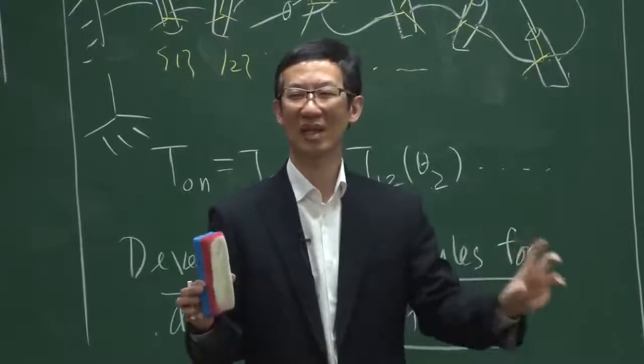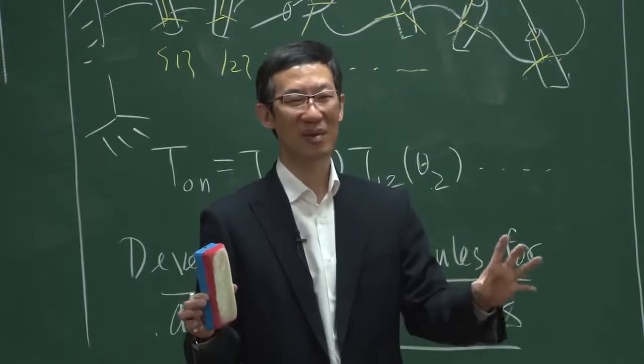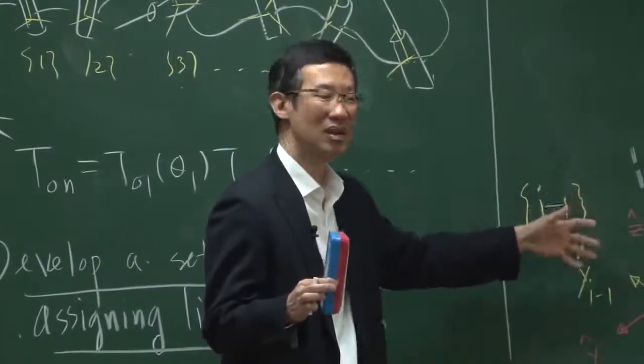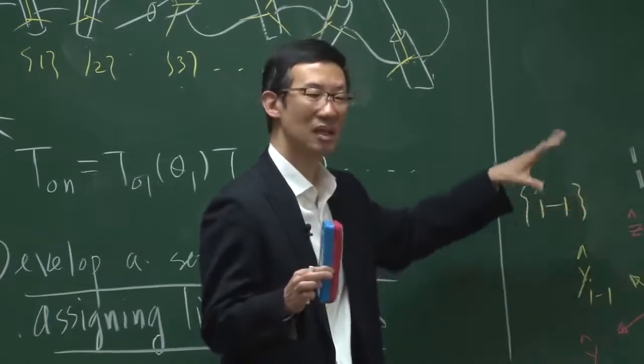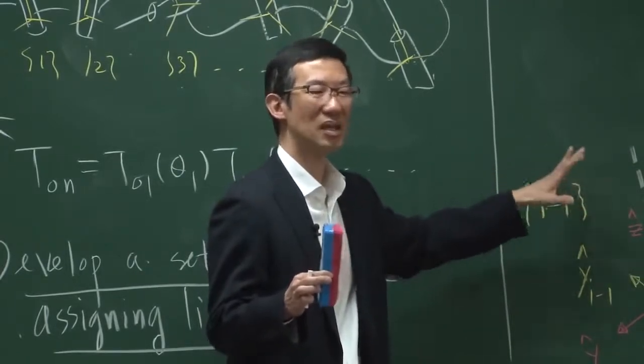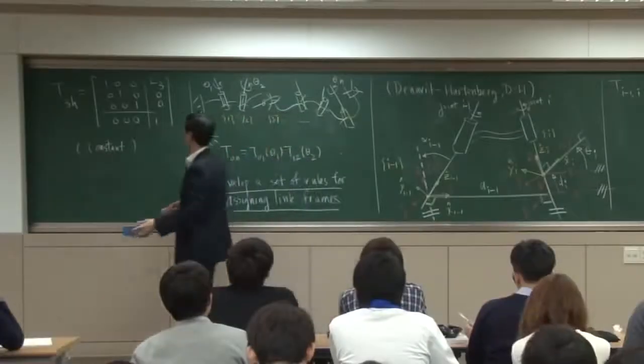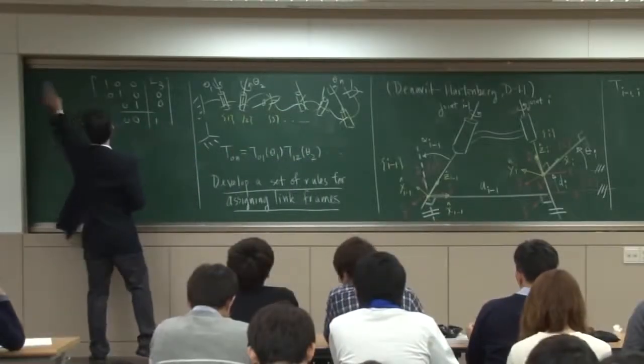We'll go through these examples and figure out what needs to be done to make sure that these rules can be assigned in a uniform and consistent way.